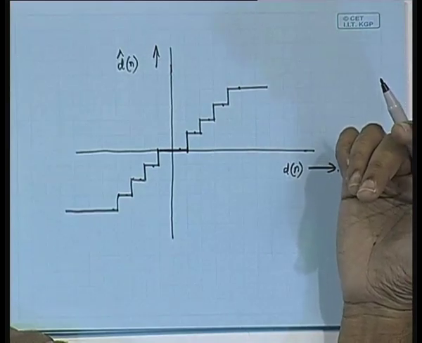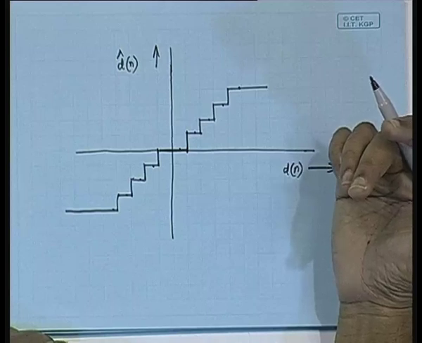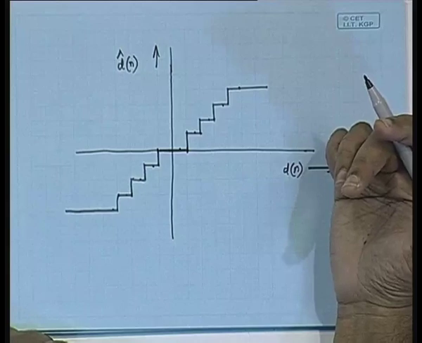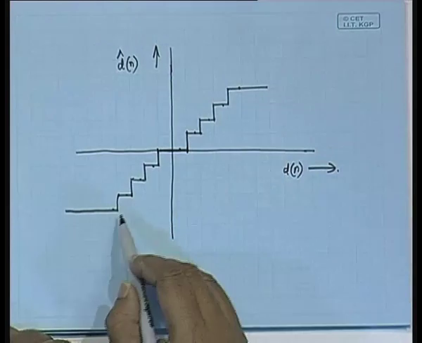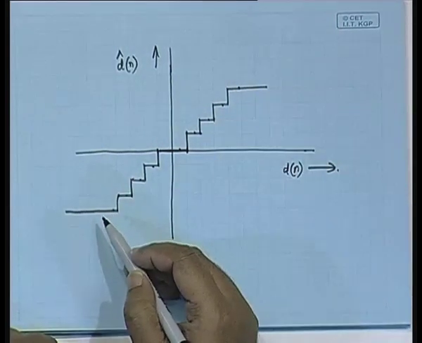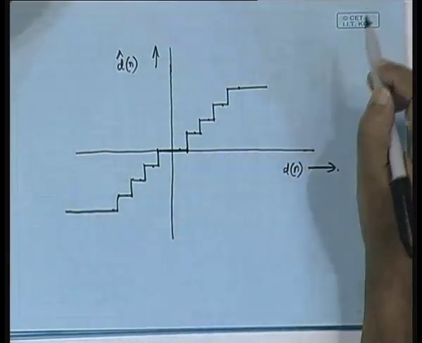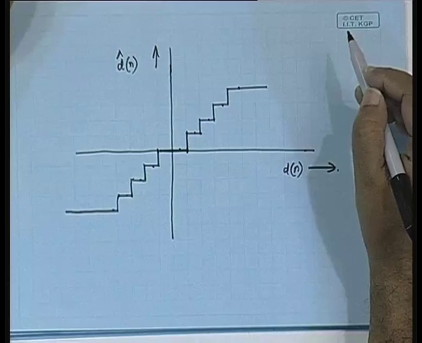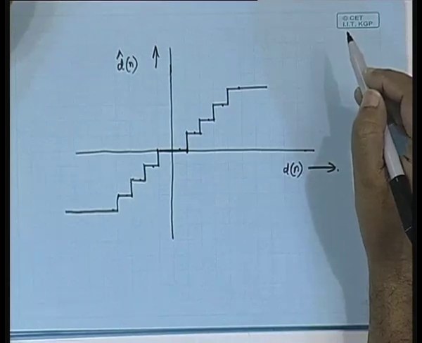And if instead of a mid-tread, we use a mid-riser quantization, then the number of step sizes would have been an even number, this you already know. So in the case of differential pulse code modulation, we have several such steps. So now we are in a position to finely quantize this d of n, right?